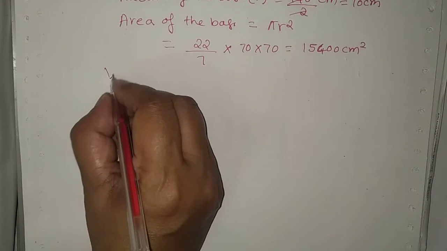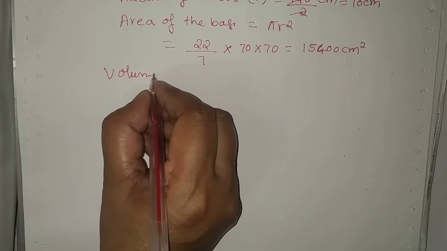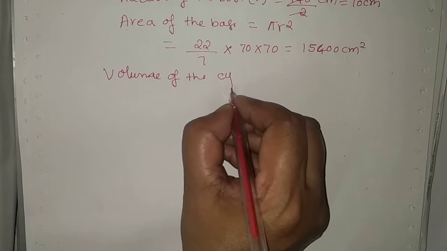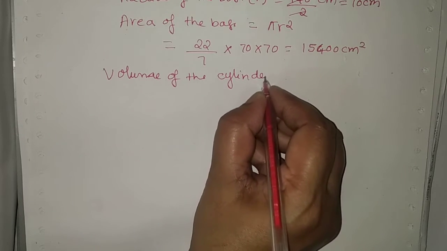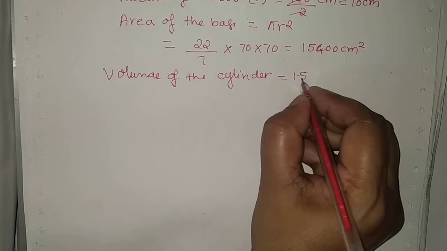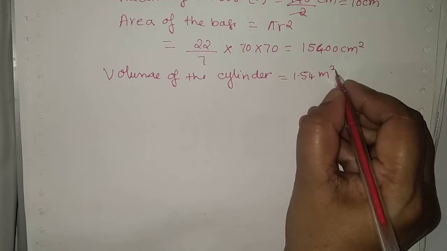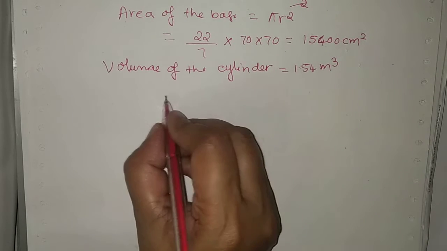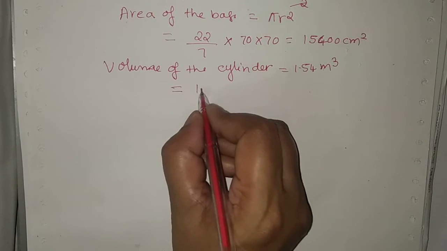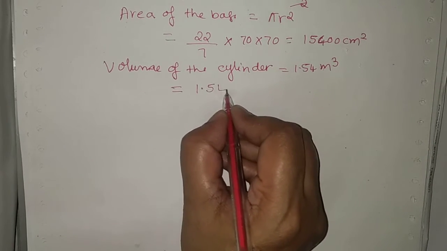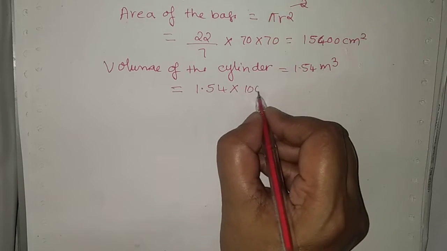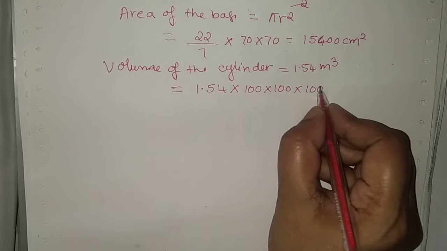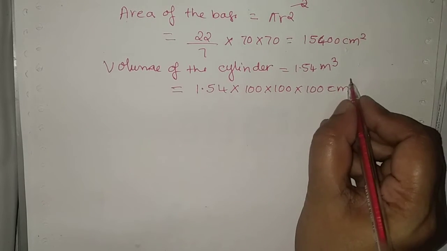Now the volume of the cylinder is given as 1.54 meter cube. Now this meter cube should be converted into centimeter cube. So 1.54 into 100 into 100 into 100 is equal to centimeter cube.